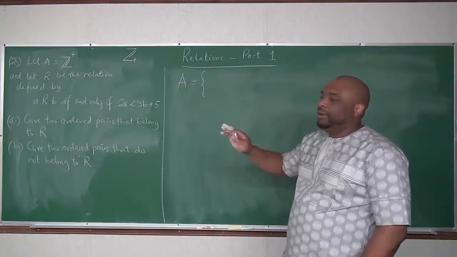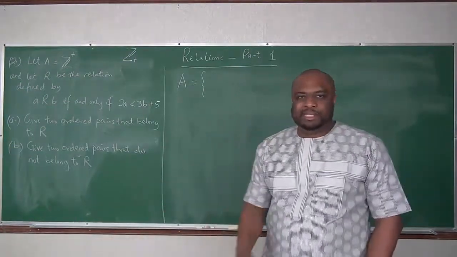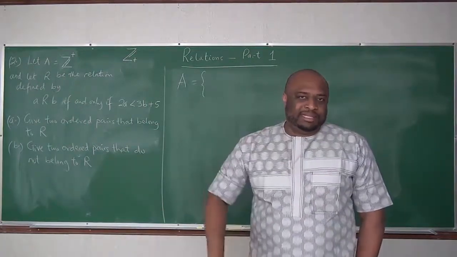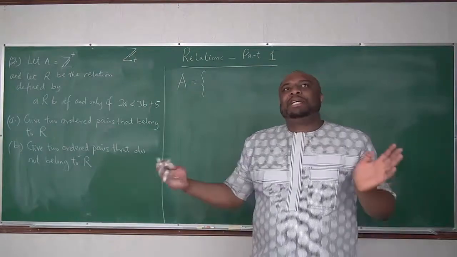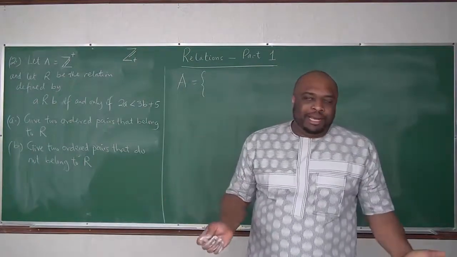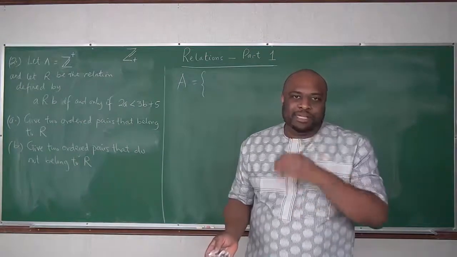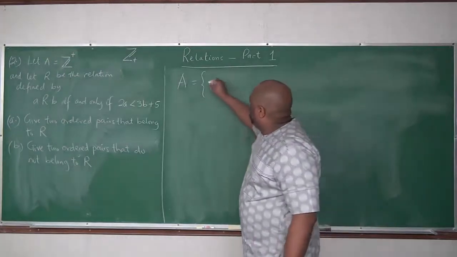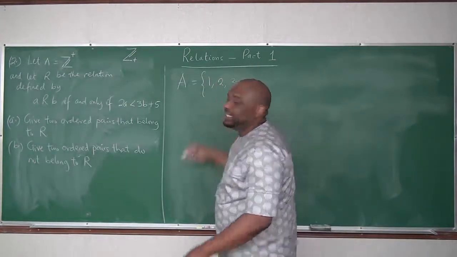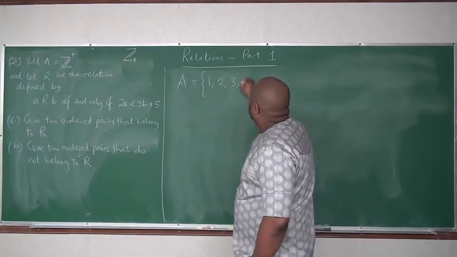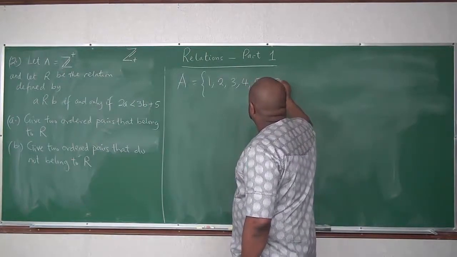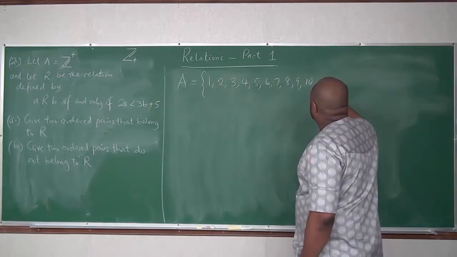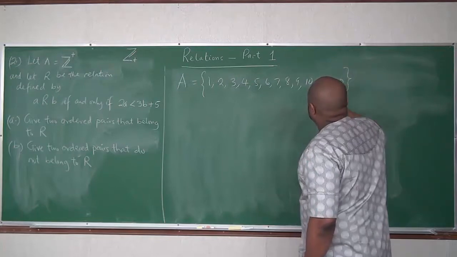But the non-negative integers include 0, because 0 is neither positive nor negative. So this is 1, 2, 3. An integer is a whole number: 1, 2, 3, 4, 5, 6, 7, 8, 9, 10, ellipses up to infinity.